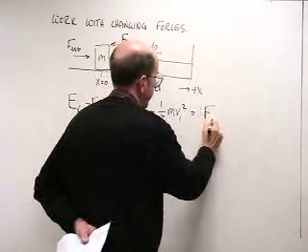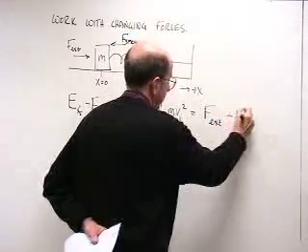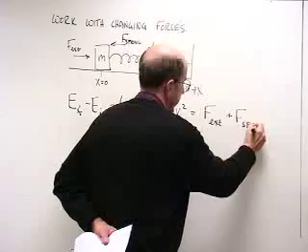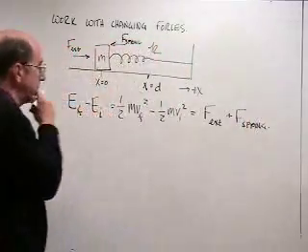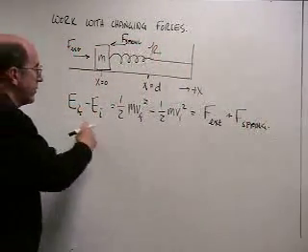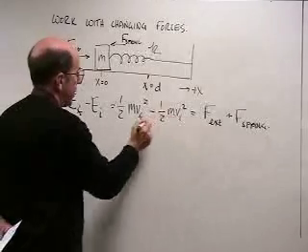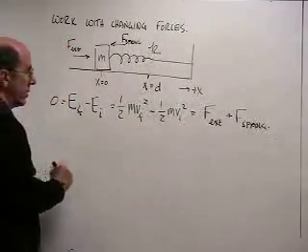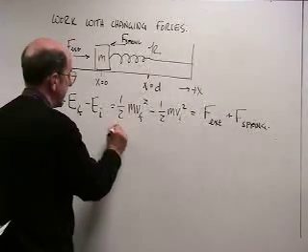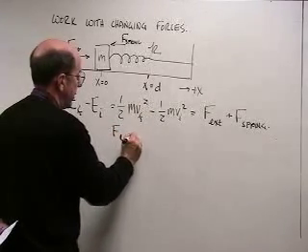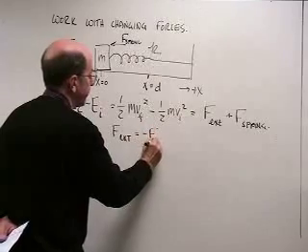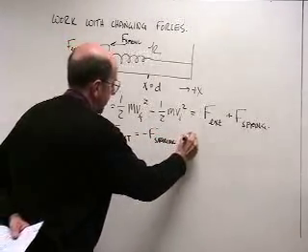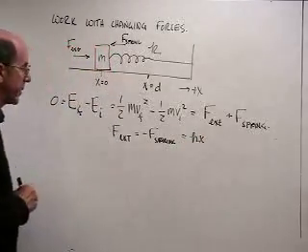That's equal to F external plus F spring, and I took care of the minus sign by the way I wrote F spring. If I do this at a constant velocity, v initial is equal to v final, so this term turns out to be equal to 0, and all I've proven out of that is that F external is equal to minus F spring, and that's equal to kx. We already knew that. Okay?